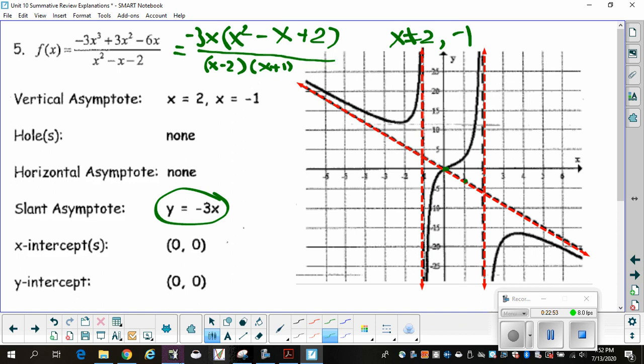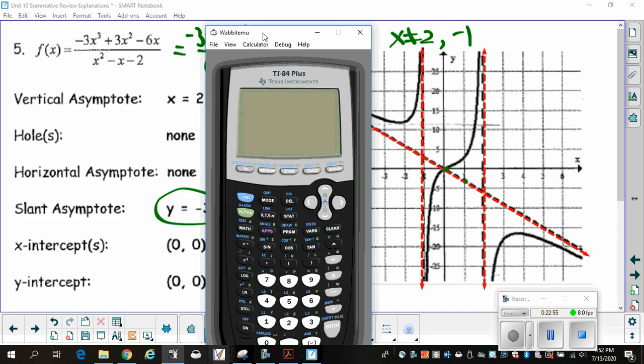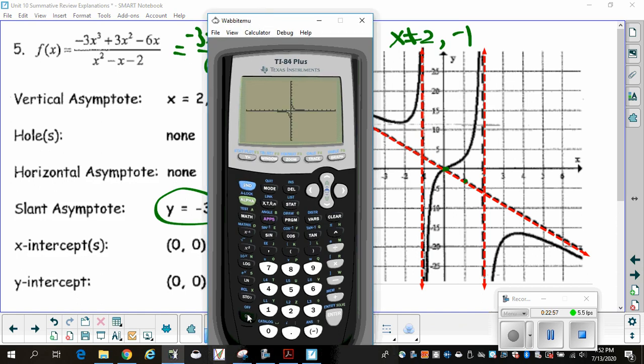Now on this one, the one thing I want to show you is when you graph it on y equals, we're going to clear that.